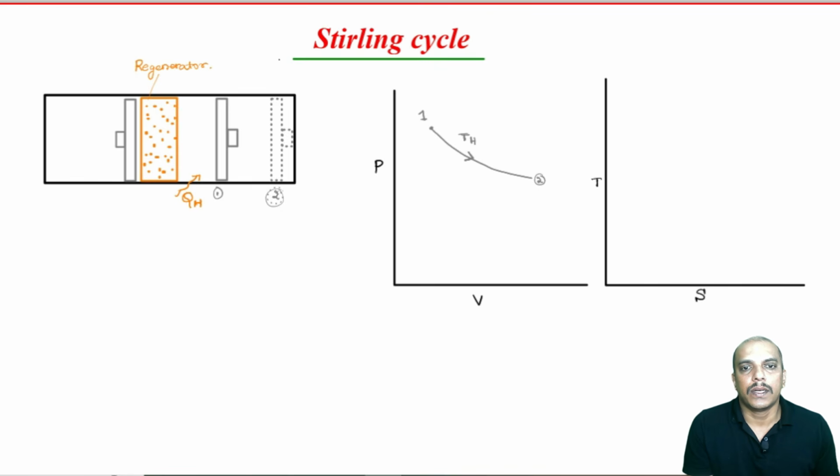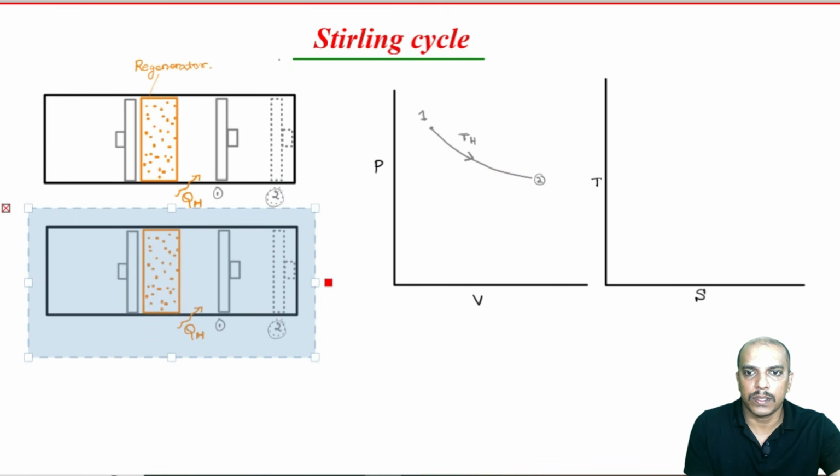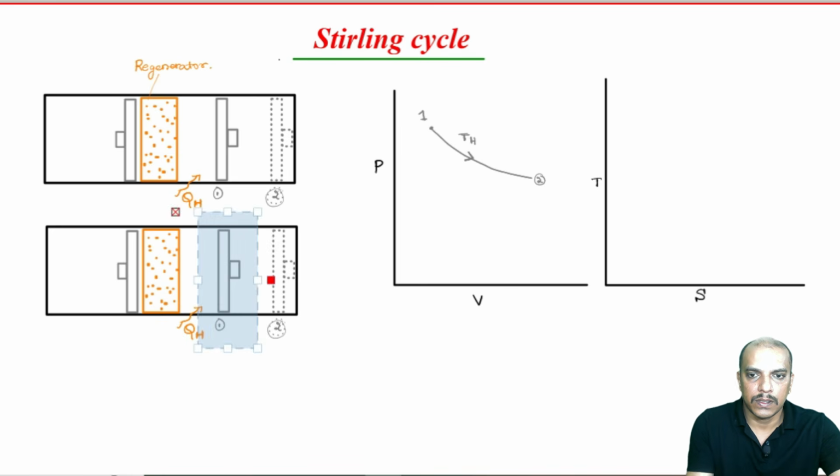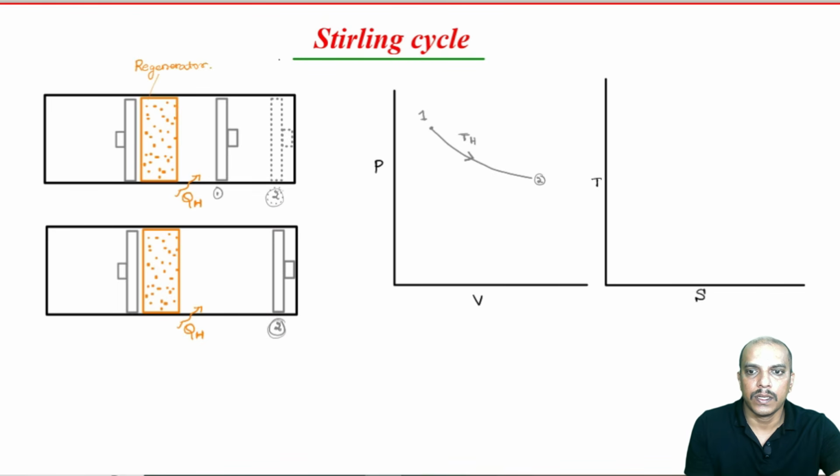Now, let us consider 2 to 3. I just have to redraw this again so that I can mention 2 to 3. So, I will take it right below here. Now, we are here at 2. Now, volume is constant.